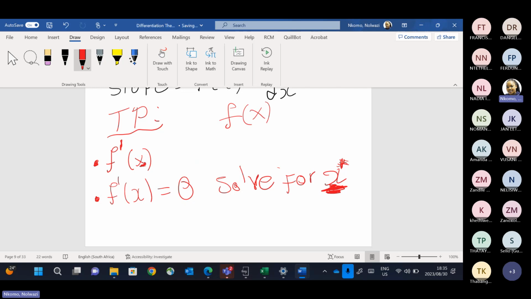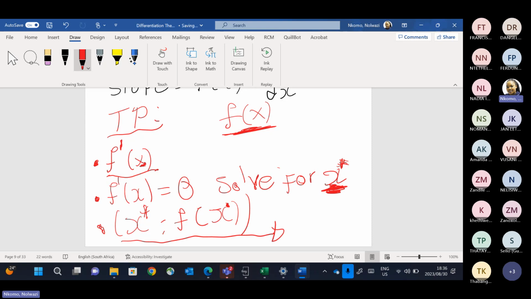Make sure you don't substitute into f prime at x. You need to substitute it into your original function, which is f. After substituting here, you will have x star and f at x star. This is your turning point. It's either the minimum point or the maximum point. Right.